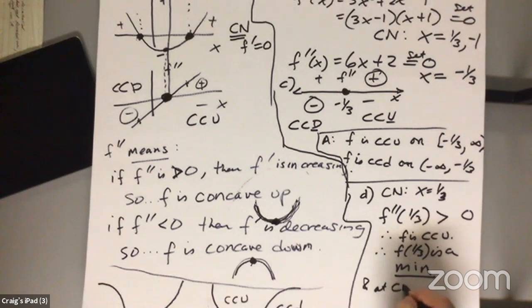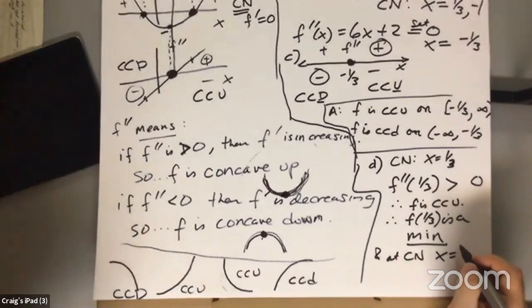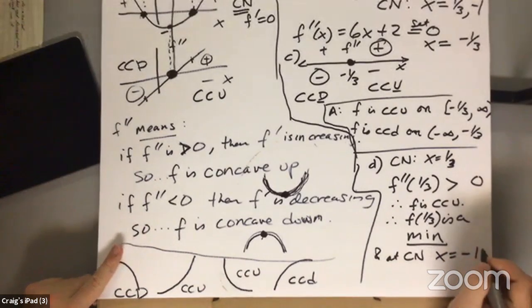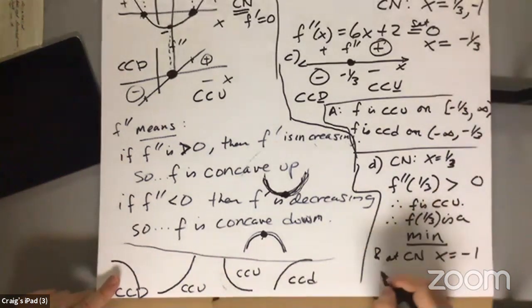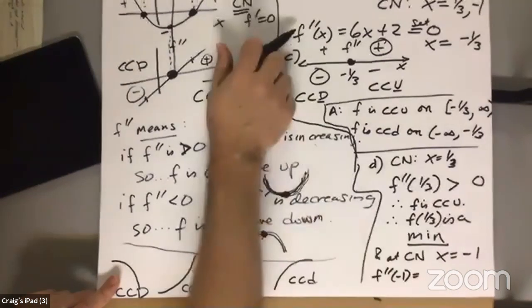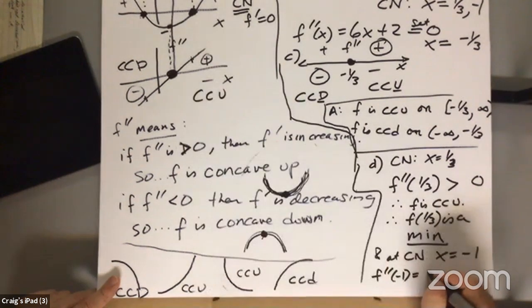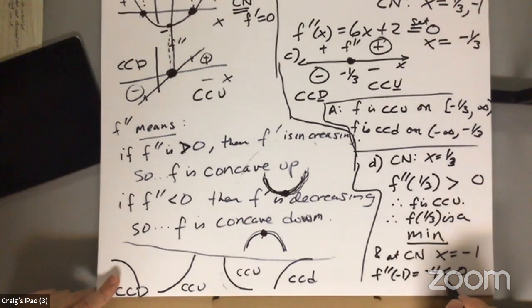And at the other critical number, x equals minus 1 is the other critical number we found right there. F double prime of minus 1 equals, well, I put in minus 1 here for f double prime, and I get -6 plus 2 is -4, which is negative. So I just care that it's negative.